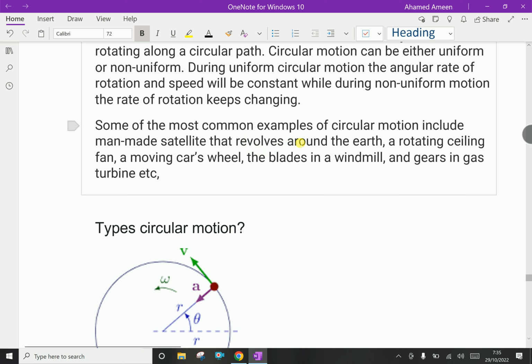Some of the most common examples of circular motion include a man-made satellite that revolves around the earth, the rotation of a ceiling fan, a moving car's wheel, the blade in a windmill, and gears in a gas turbine, cycle wheel. You can see a lot of examples of circular motion in our daily life.